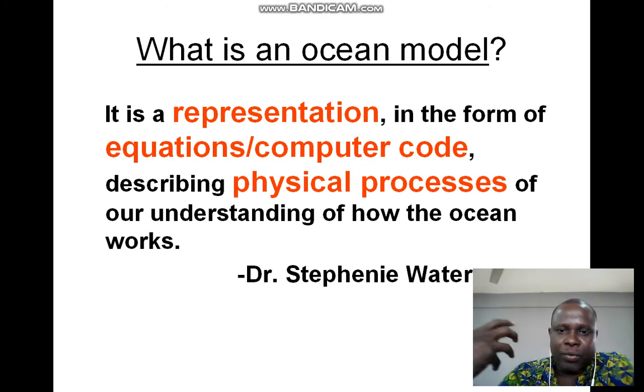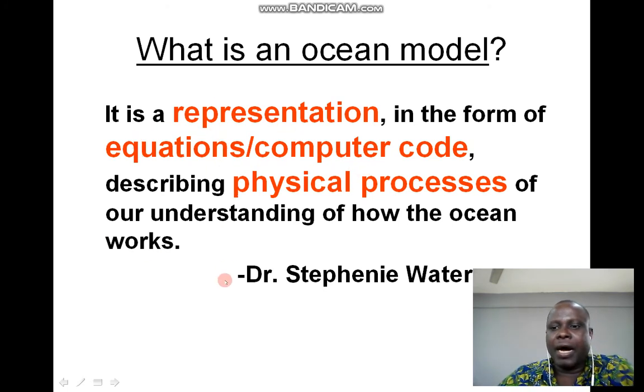And the best way we can represent things is through mathematical equations, of course, and translating those equations into computer code. I won't be talking much about the coding aspect of it, but I will touch on the physical processes, representations, and then the equations that you have to be familiar with if you want to get into modeling the ocean.